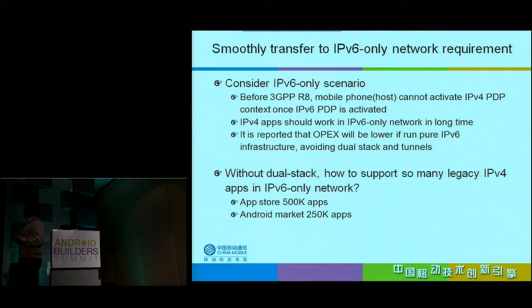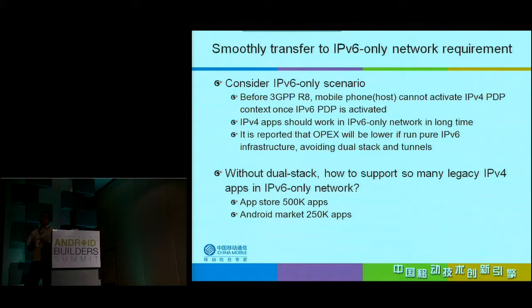Now, these are the dual stack. How to support so many legacy IPv4 apps in an IPv6-only network is a problem. Now, the Apple Store has 500,000 apps. The Android market has 250,000 apps that are using the IPv4 network.